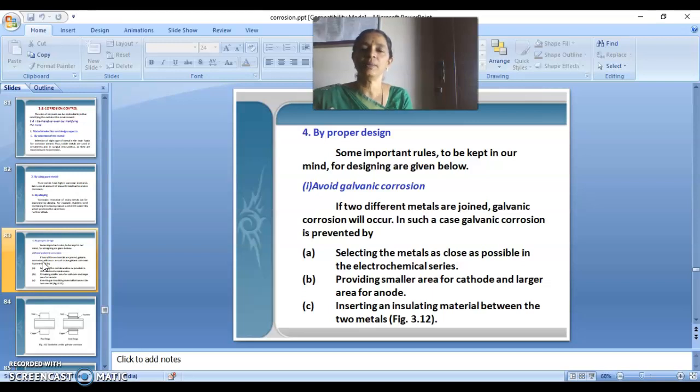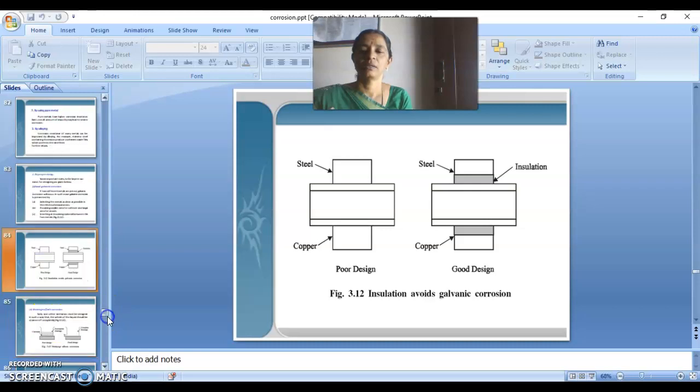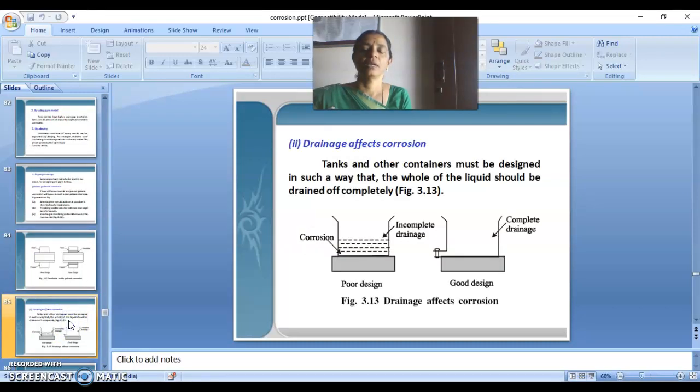Then by means of choosing proper design. Proper design can avoid galvanic corrosion. If any bend or design is improper, we can have some type of corrosion which may affect the metallic piece.